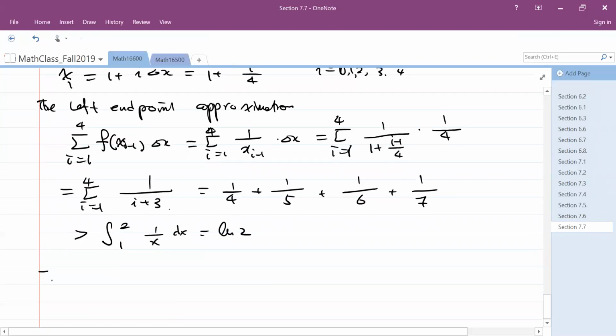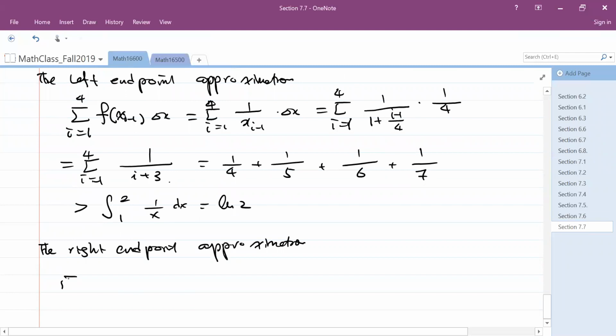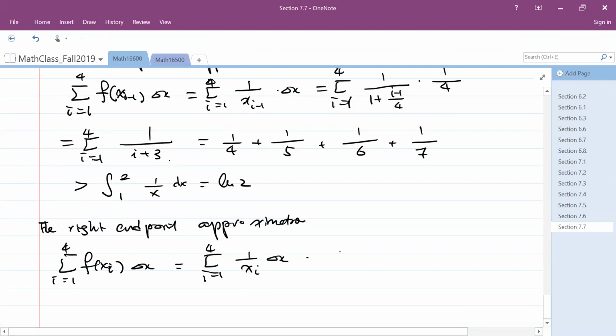Now, if you use the right endpoint approximation, you can quickly see that it will be smaller. So let's put the details there. This will be 1 over x_i times delta x. x_i is going to be 1 plus i over 4, times 1/4.